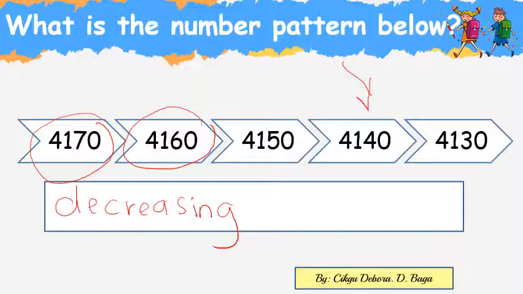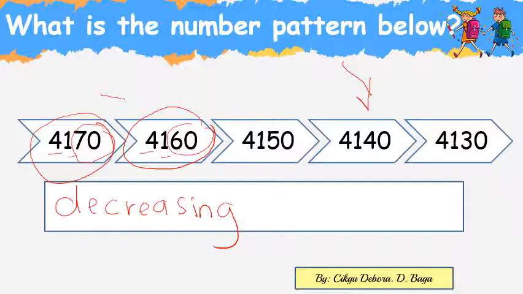Okay, so from 70, as we can see here, in the thousand and hundred place value the number is the same. So the change here is in the tens place value, from 70 to 60. Because it is decreasing, we need to minus.